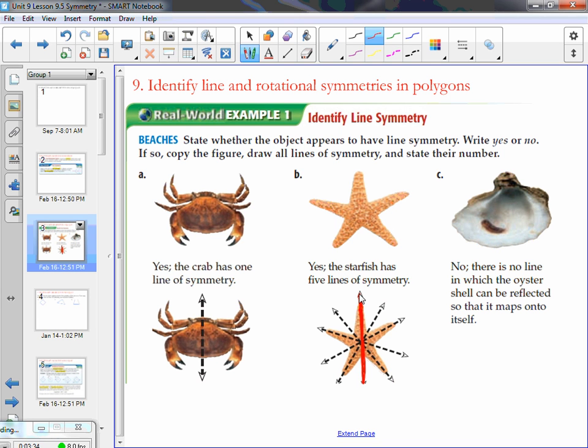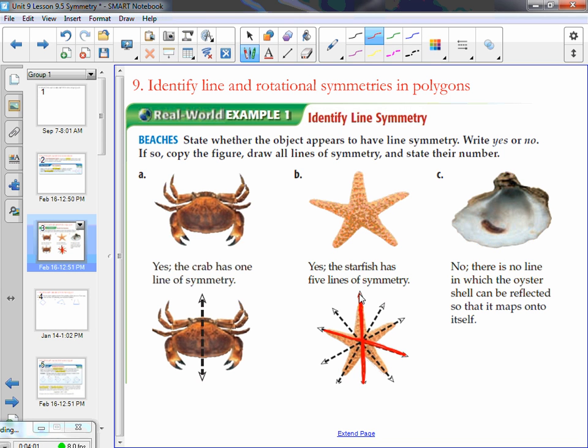Or notice one like this. Couldn't the top part be reflected and become the bottom part and vice versa? Is it real surprising that since the starfish has 5 arms, there would be 5 lines of symmetry? Yeah, probably not that surprising, right?